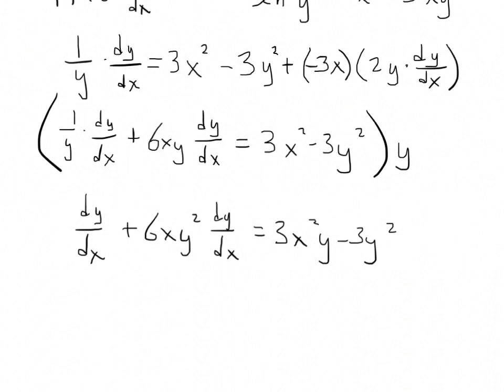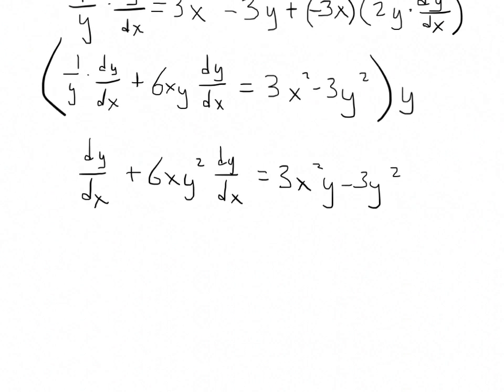And I want to try and keep this video short, so I'm going to sort of skip a step here. The next thing that would happen is I would take this thing and I would factor dy/dx out of it. Once I factor dy/dx out of it, I would divide the rest of that stuff over. So what is the rest of the stuff? It's this 1 plus 6xy squared.